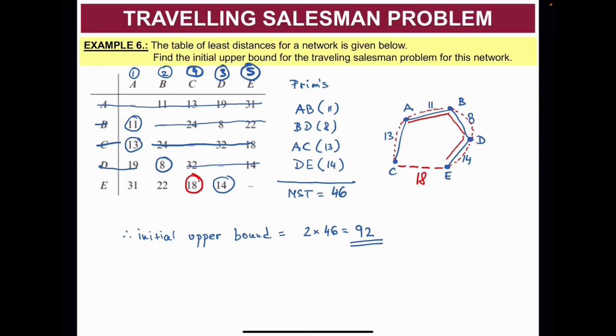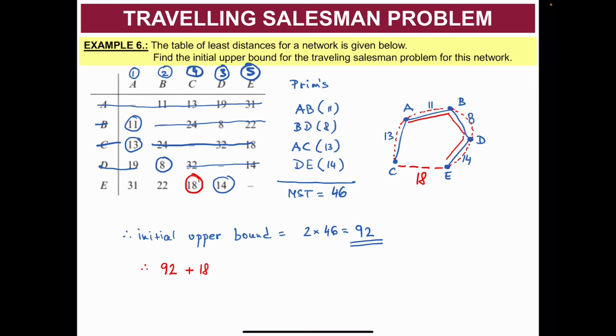So now the following question we could ask, that is not given in the example, but we still could look at it, is how much did we really save by making this shortcut that we discovered is possible? There are two ways we can look at it. Either I start with the initial upper bound, that was my 92, right? And then I add 18 for the CE arc or edge.